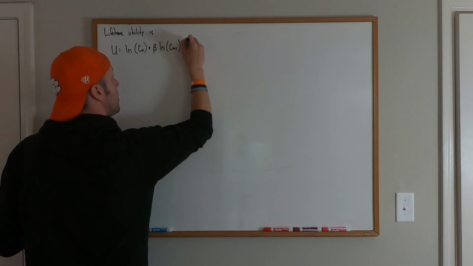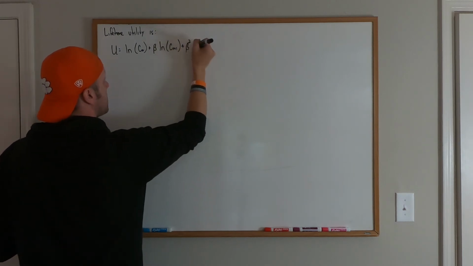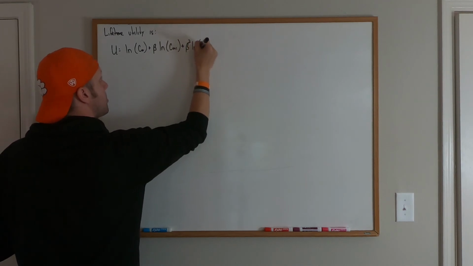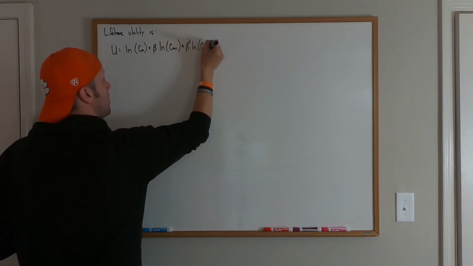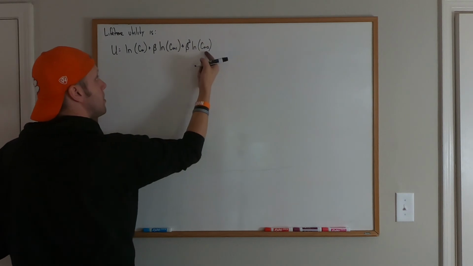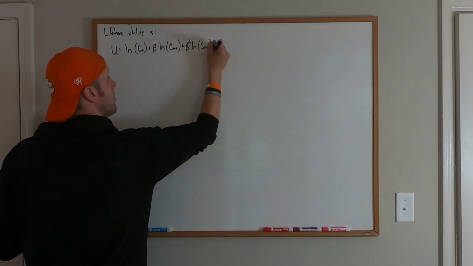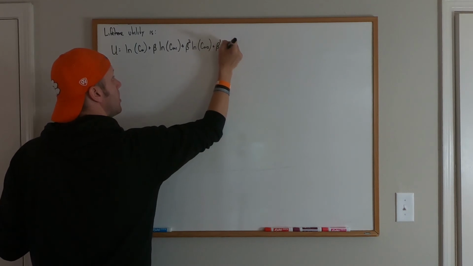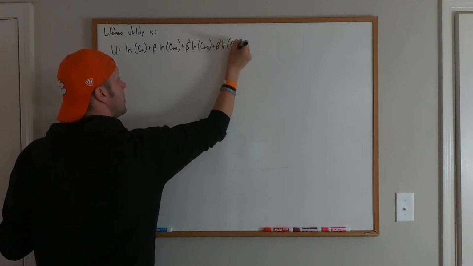Beta, but remember now it's squared because it's 2 days ahead. It's not just 1 day. It's 2 days times the natural log of CT plus 2. Consumption 2 days ahead. I want 3 days. Beta cubed. Natural log of CT plus 3.